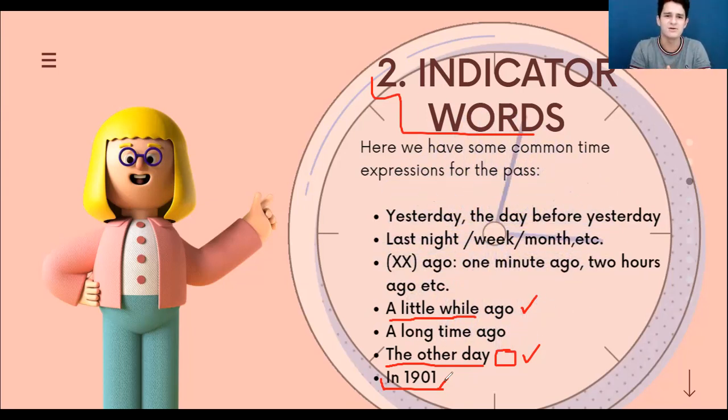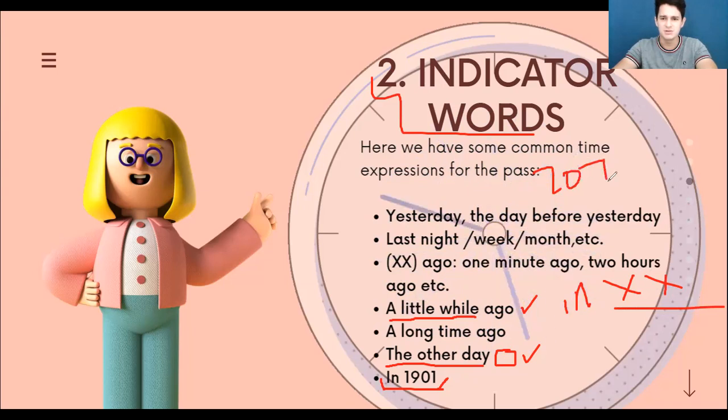The coronavirus came to the world in 2020, all right? So we say in, and then we say the year. Okay, guys? So for example, en el 2020, in 2020, en el 2010, in 2010, en 1901, in 19, and then we say here, we separate it, we split them, 1901. Aquí lo separamos, 1901. Okay, guys?